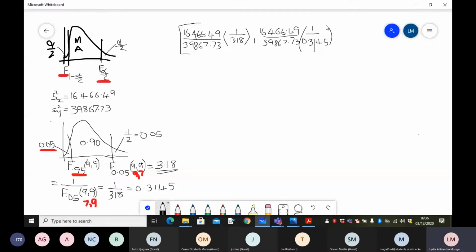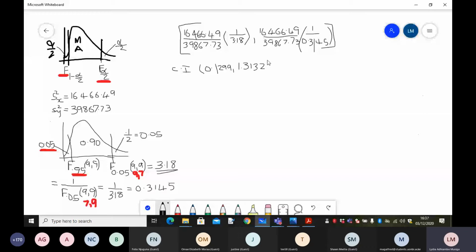And so this will give us our confidence interval. And we shall find that our confidence interval is equal to 0.1299 up to 1.3132.